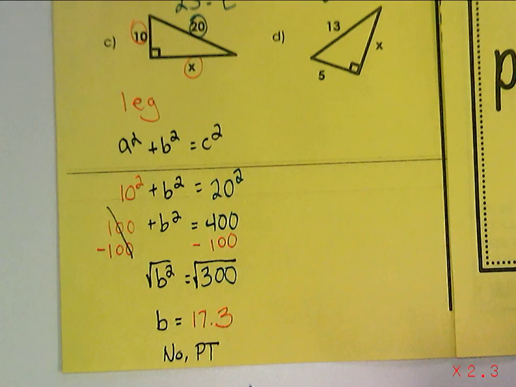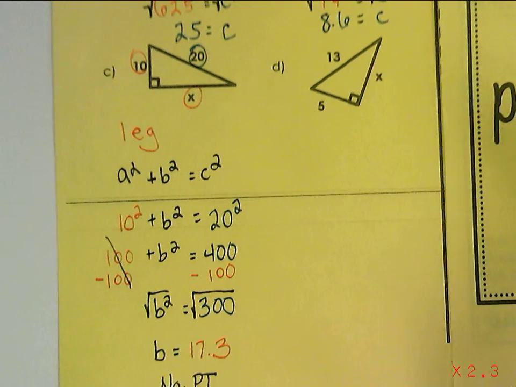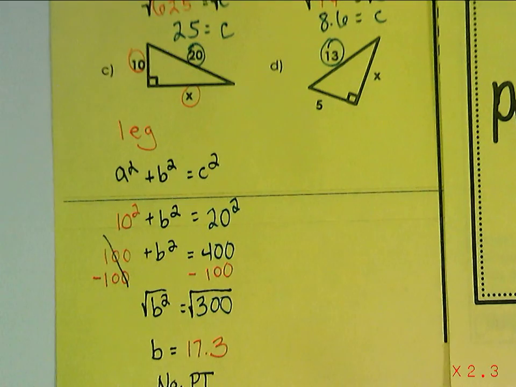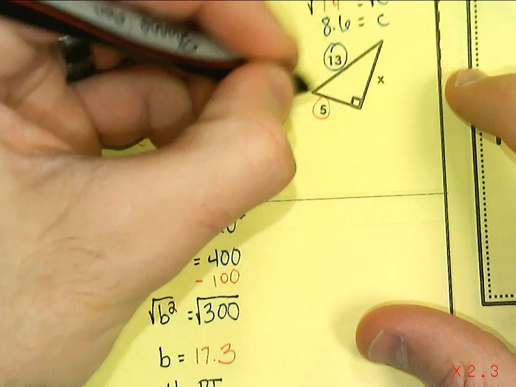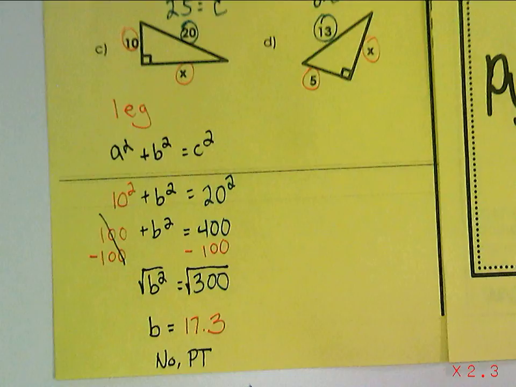I would like you to pause the video and try to solve for this problem here. In this one we have the hypotenuse, we know what that is, and we know one of the legs, and one of the legs is also unknown. So pause the video here, and then come back and check your answer.